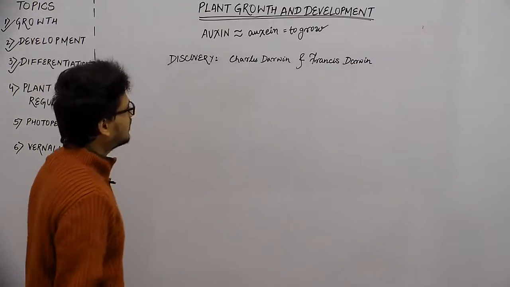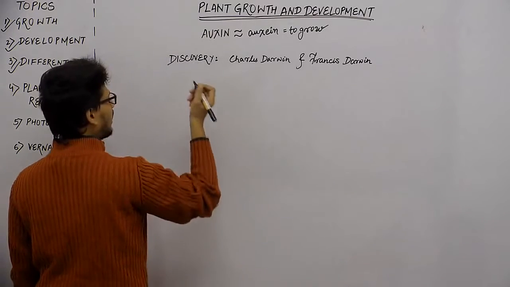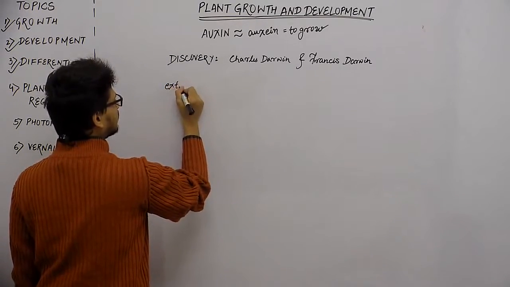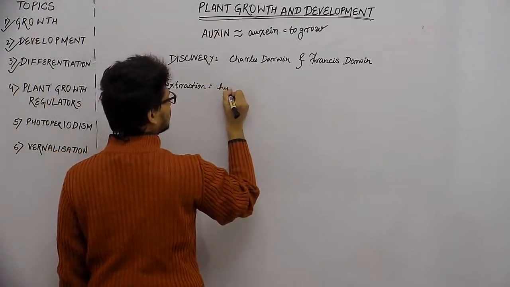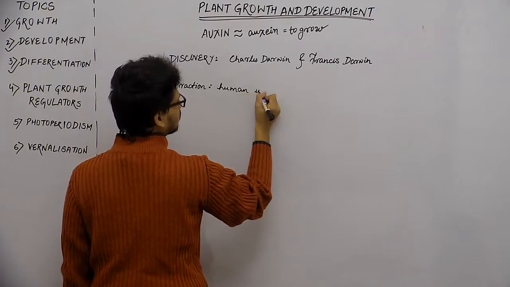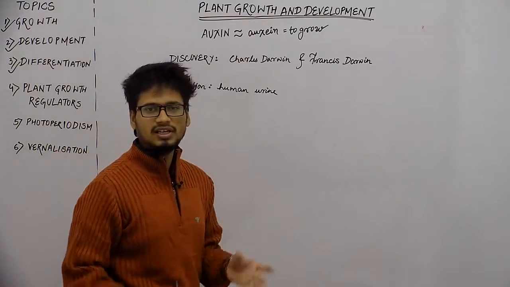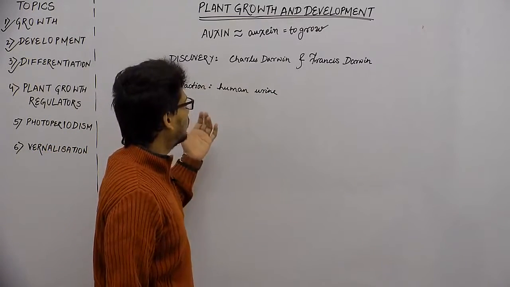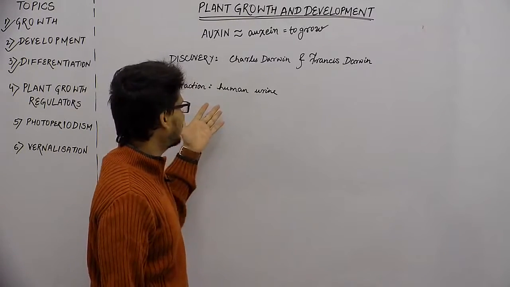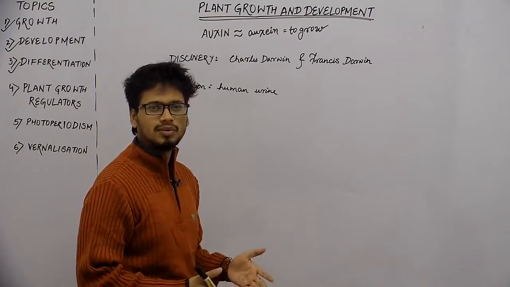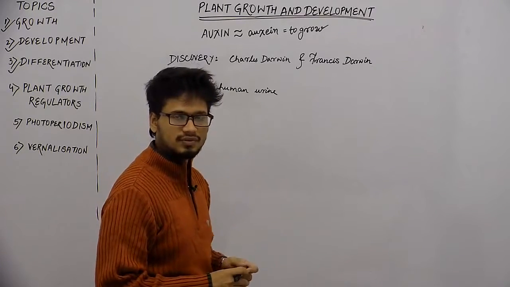They were the discoverers of this plant hormone, and it was extracted from human urine, because humans do not have any receptor or use for a plant hormone. So when we eat the plant, these hormones are present in our urine because they're not metabolized in the body. That is why it was found in human urine and extracted for the first time.